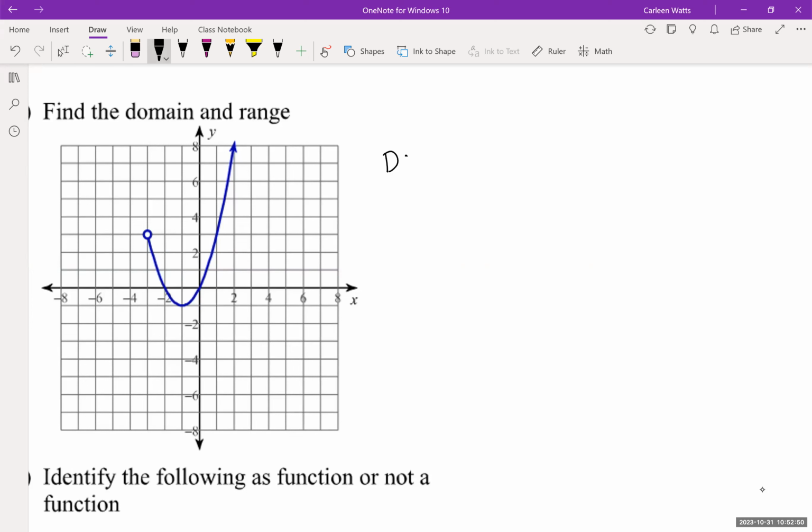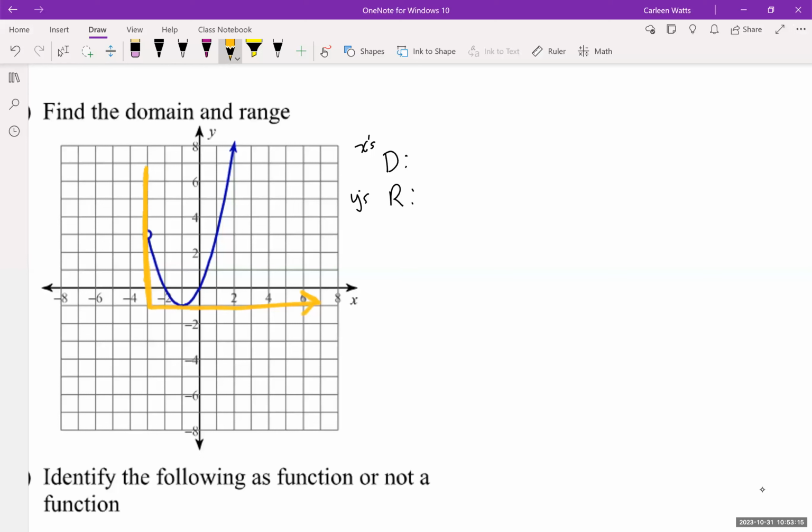The domain is the x's, the range is the y's. So we definitely have a boundary for the x's. Now we can see that the x's, there's a boundary on the left, but it's getting wider and wider.